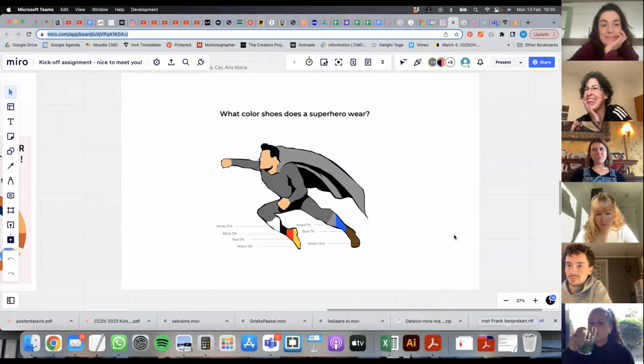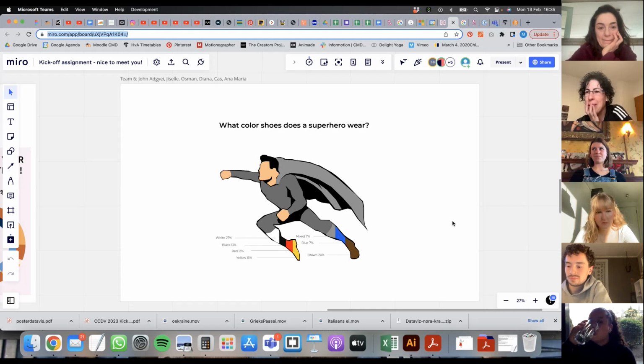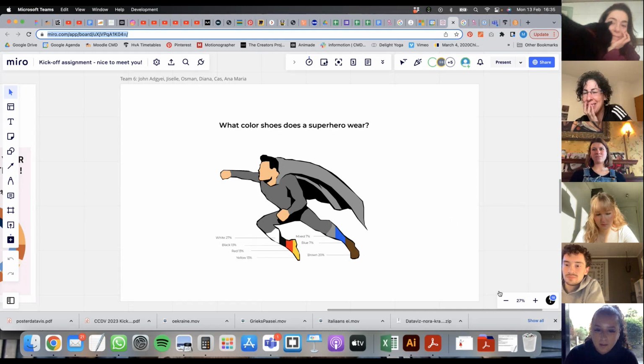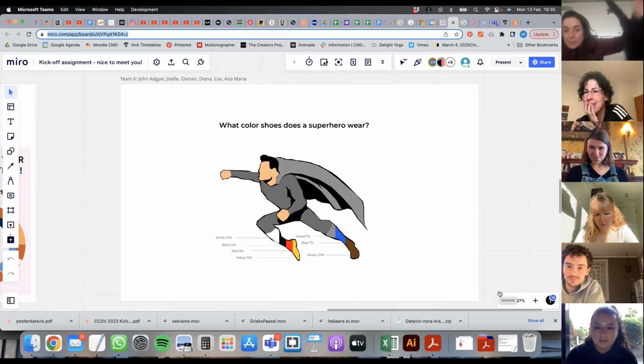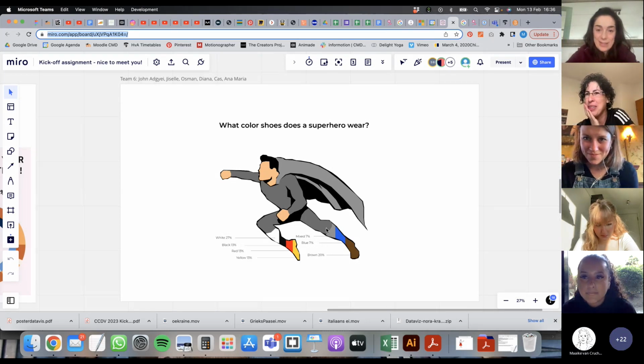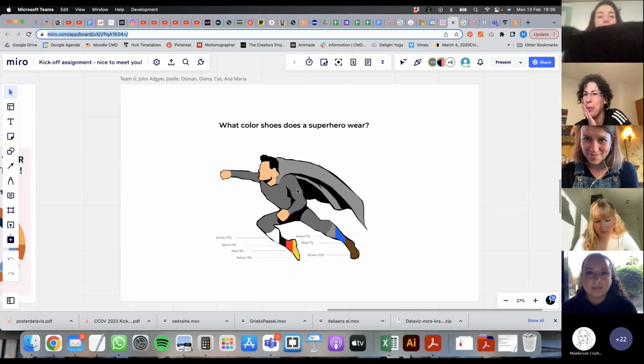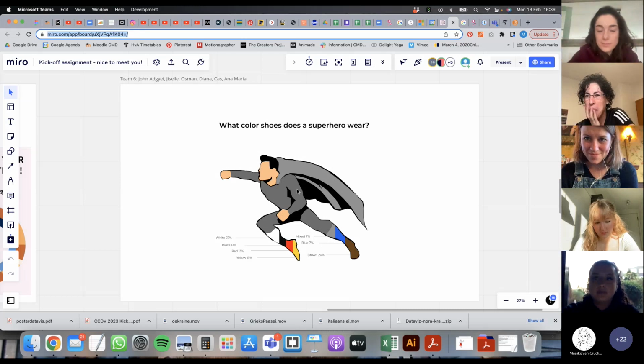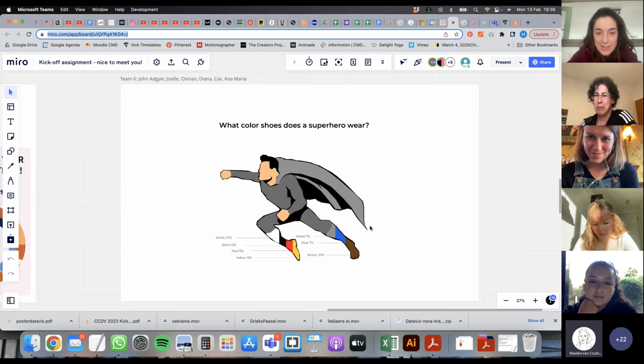Oh. This is so cool. This is cool, right? It's really cool and also very surprising, because you wouldn't think that the superheroes wear white shoes. Yeah, that's the biggest group.